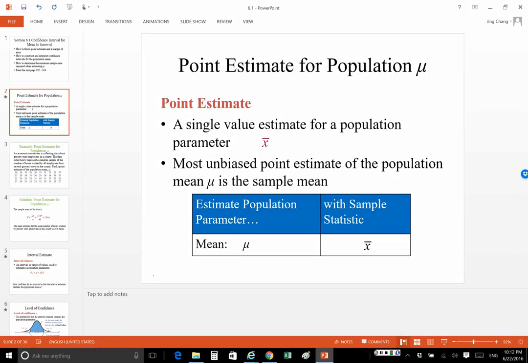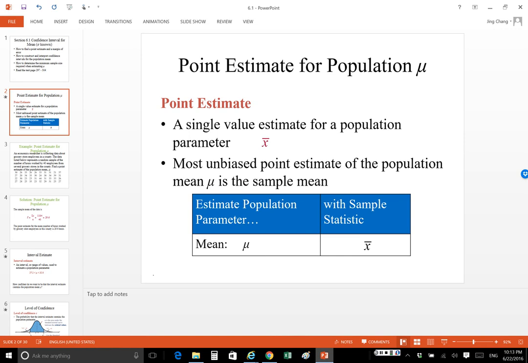You are interested in something, say the mean temperature or the mean commuting minutes, or the mean sleeping hours. So this is your parameter because it's from a population, and usually you don't know it. But you collect a sample, and then you can calculate the sample mean. That's a statistic. So in 6.1, we want to use a sample mean to estimate a population mu.